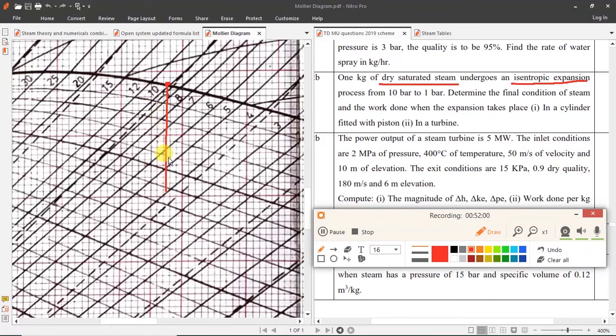You will see that during this process it enters the wet region. So obviously point number 2 will not be a superheated point. This is by common sense. Point number 2 can either be wet or go up to saturated liquid. Usually that doesn't happen, but this is the understanding.